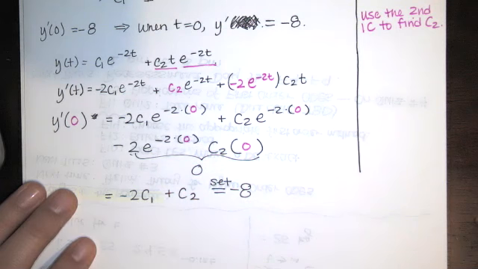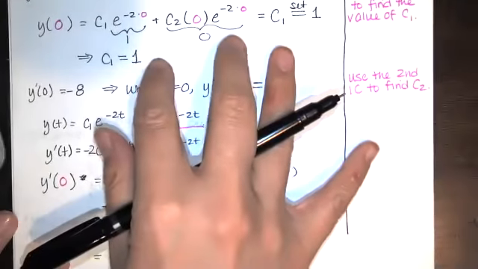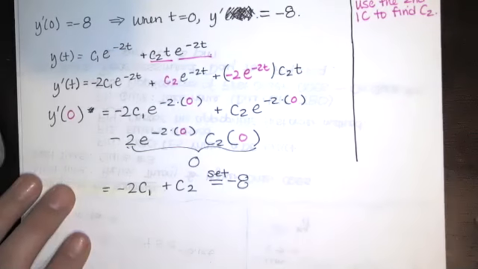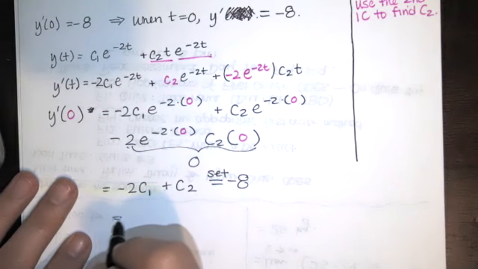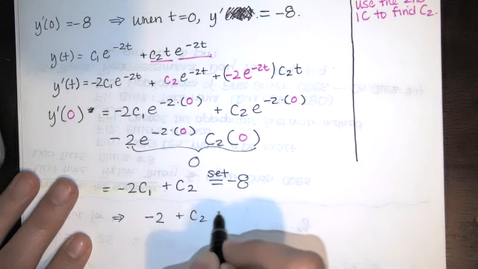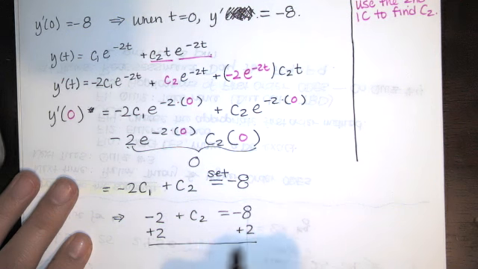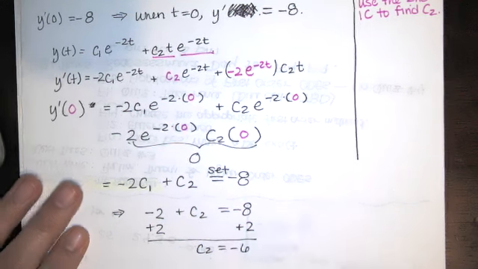And you want to solve this for c2. Now, since we already found that c1 was equal to 1, we can substitute that in here as well. So that means we've got -2 times 1, which is just -2, plus c2 is equal to -8. So we'll add the 2 to both sides, and we'll get c2 equals -6.